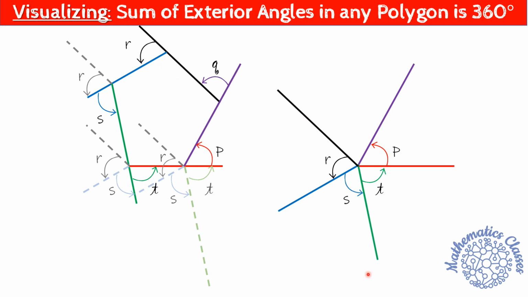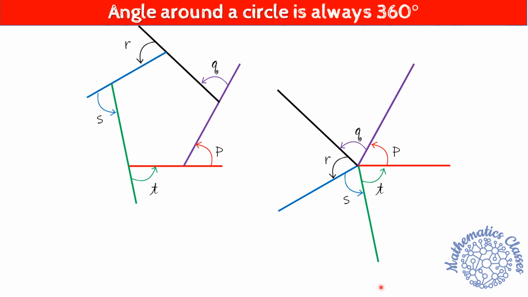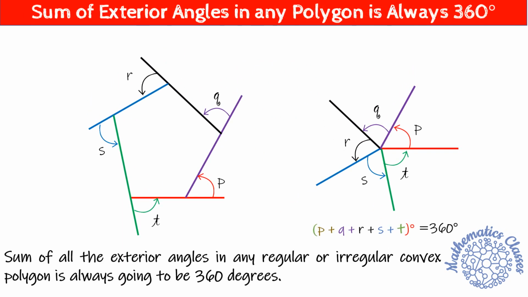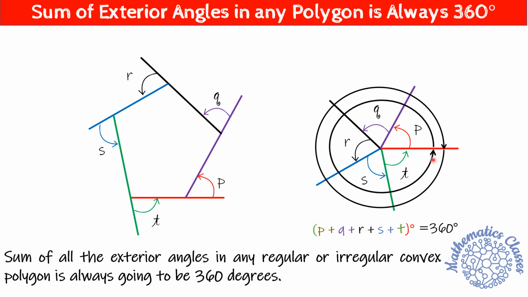I can also redraw this over here with all these angles, and the remaining angle Q can be redrawn here. And when you draw it in this way, all the angles go all the way around the circle. It may be clockwise or it could be counterclockwise, but it goes all the way around the circle.